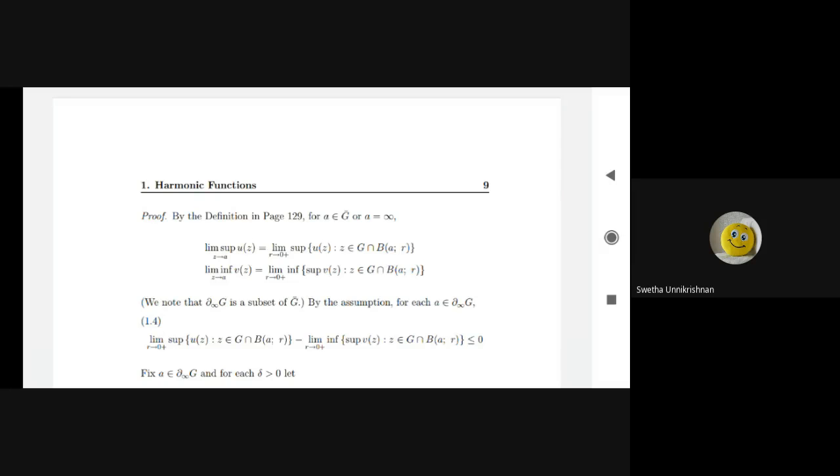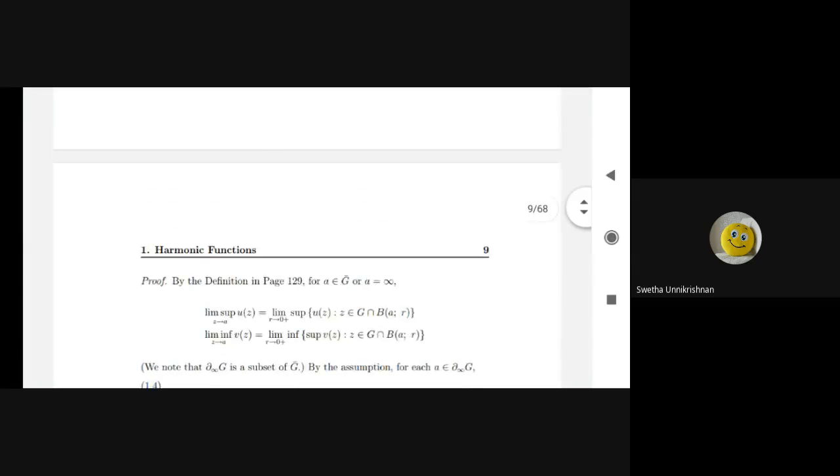And now by assumption, for each a belongs to del infinity of G, we have that the limit superior of u of z as z approaches a is less than or equal to the limit inferior of v of z as z approaches a.